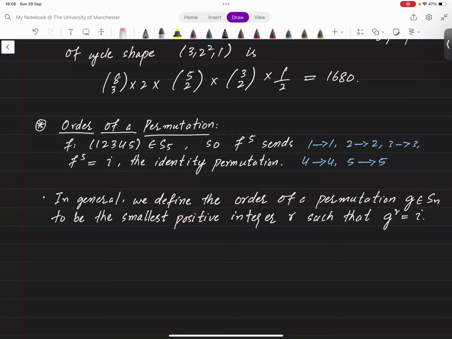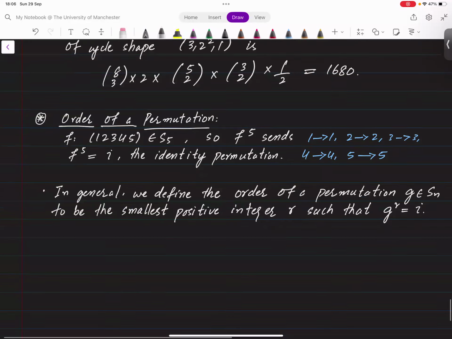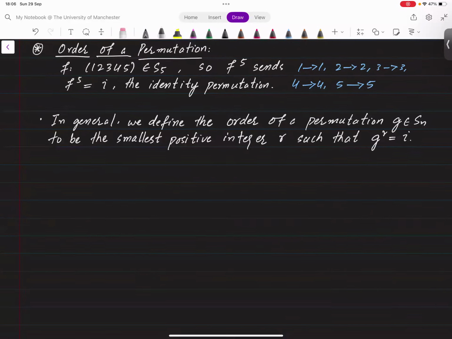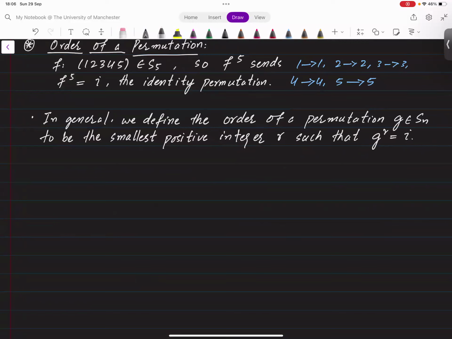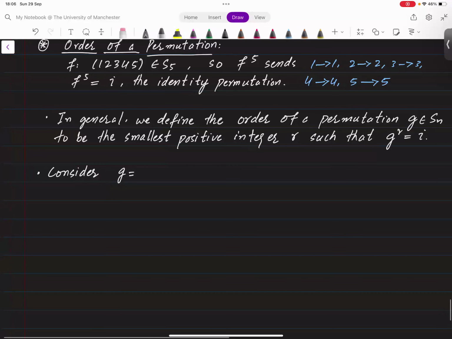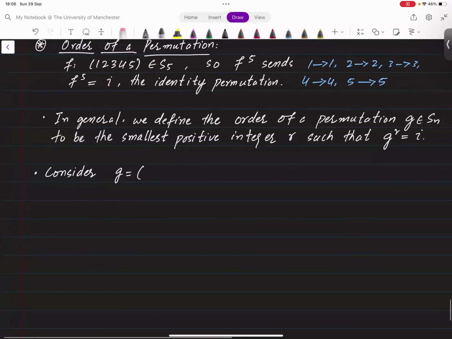Now consider a permutation G, which is (1 2 4)(3 5 6 8) in S8, with 7 fixed.